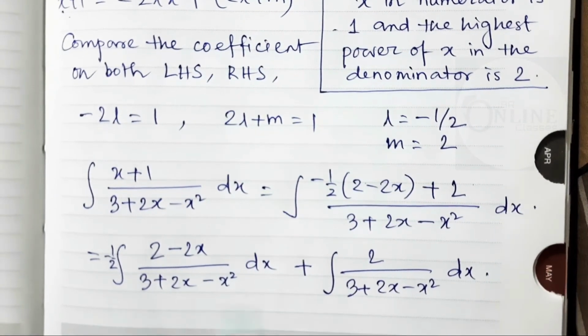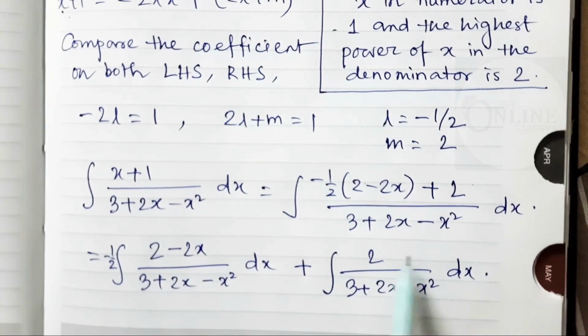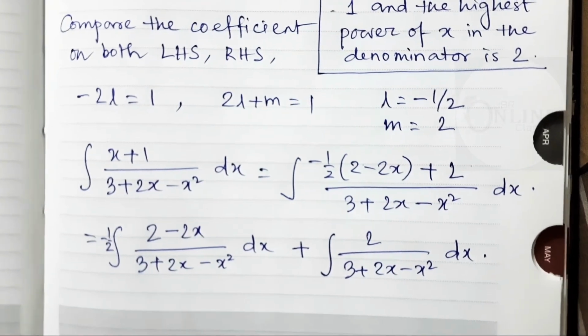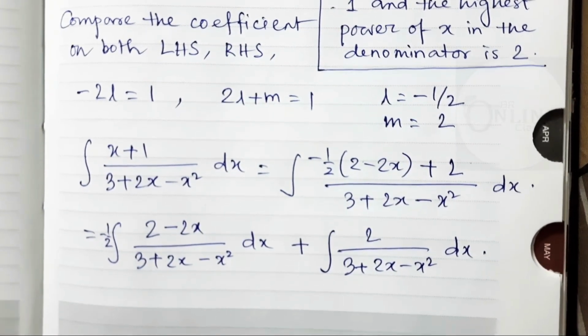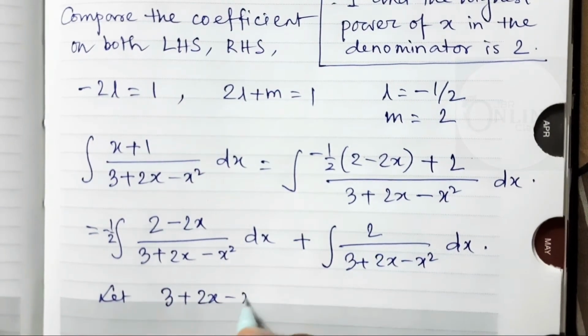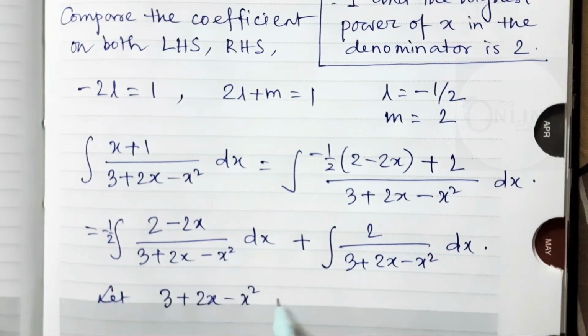Now we are getting two integrations, this and this. To integrate the first one, we are going to use the substitution method of integration. So I am going to substitute 3 plus 2x minus x square, the whole denominator, by z.